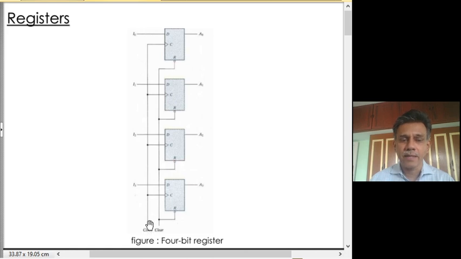That is, by giving a clock pulse only at those times when you want to store the bits I0 to I3 into the bits designated by A0 to A3, the transfer will take place. Otherwise, it will not take place.